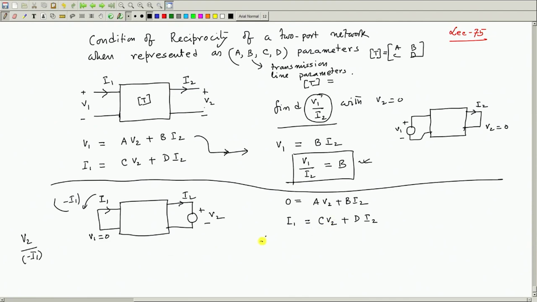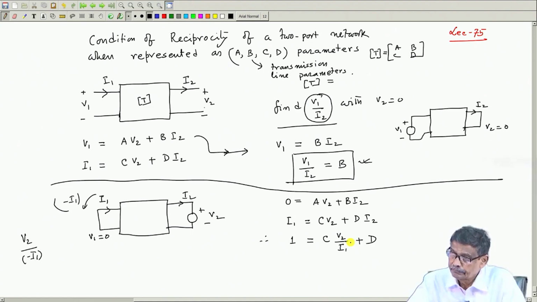So, first divide by I1 on both sides, any mistake point out. If you divide by I1, it will be 1 equal to C into V2 by I1 plus D I2 by I1. Is it correct?